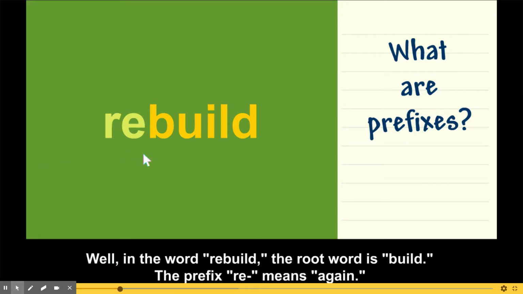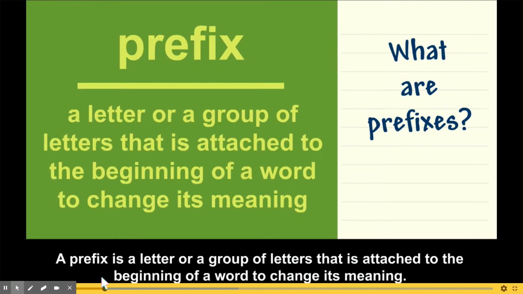Okay, so prefixes always are at the beginning of a word. So build is our original word. That is the smallest word form in this bigger word. So rebuild. So re gives it a new meaning, to change its meaning.